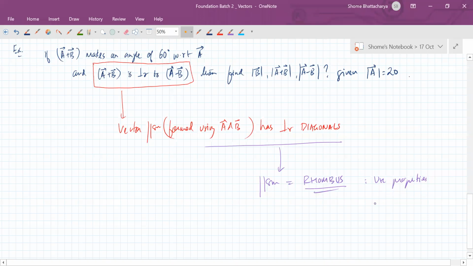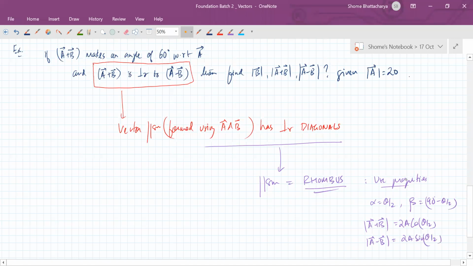So use the fact that alpha is equal to theta by 2, beta is equal to 90 minus theta by 2, and A plus B is 2A cos theta by 2, and A minus B is 2A sin theta by 2.